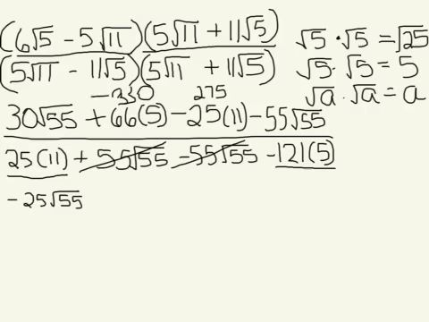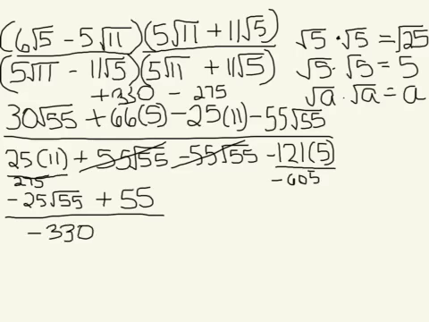So we'd have plus 330 minus 275, which comes out to 55 positive. And then in the denominator, 25 times 11 is 275, as we knew from before. And then also 121 times 5 is, we've got minus 605. So if you combine those bottom numbers, you get negative 330.